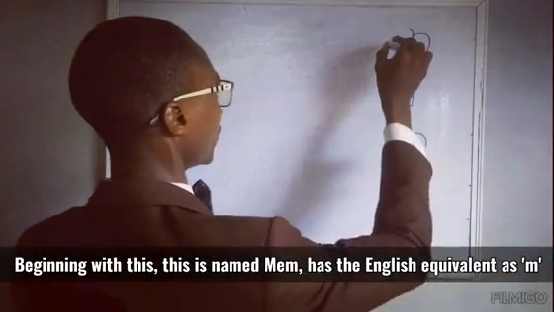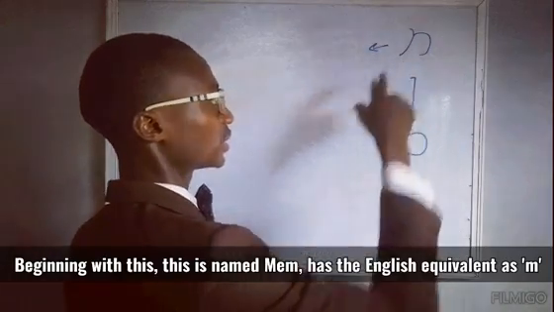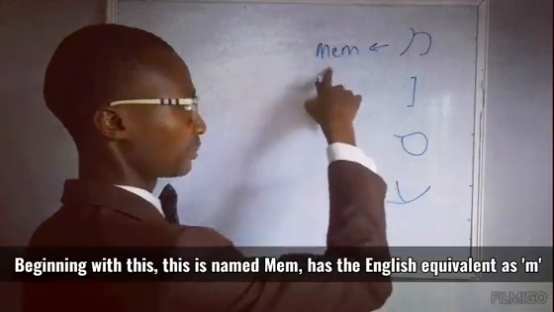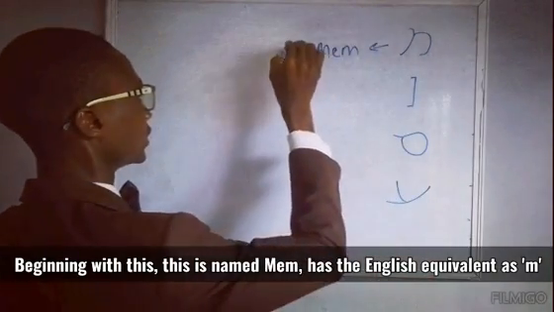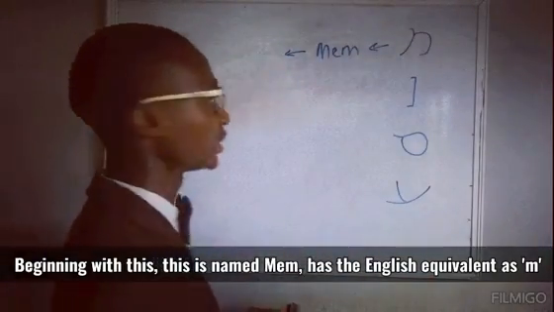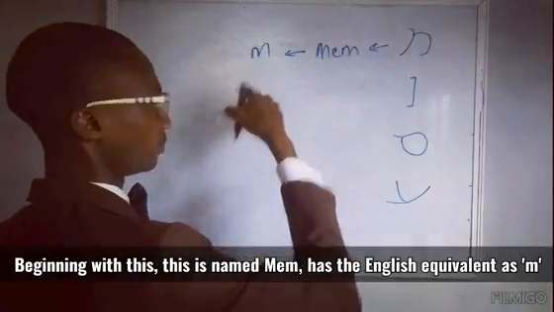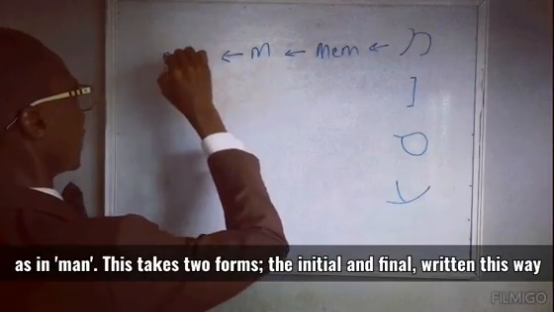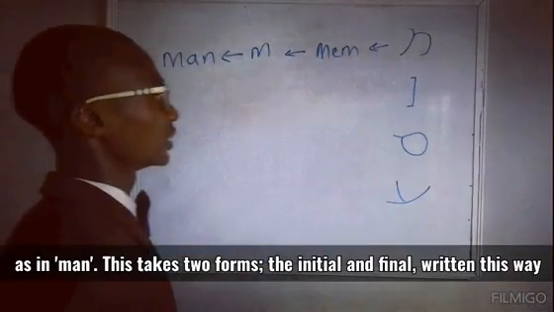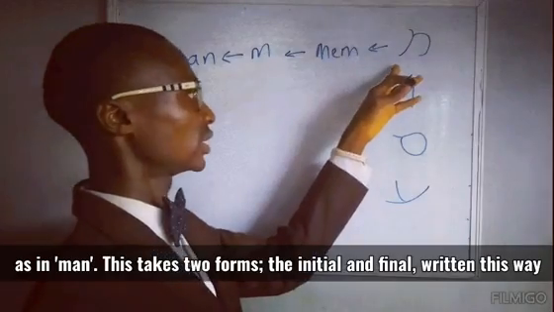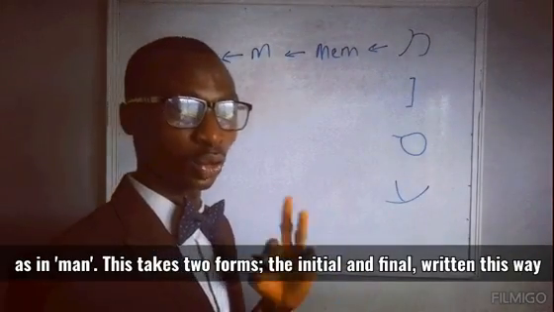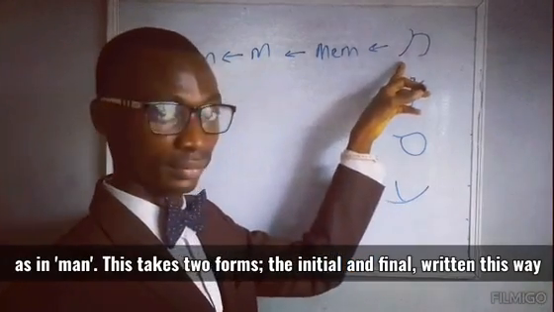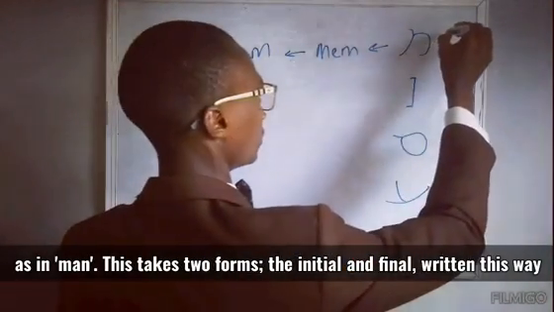Beginning with Mem, this is named Mem in biblical Hebrew, and the English equivalent is M, as in man. It takes 2 forms: the initial form and the final form, written this way.